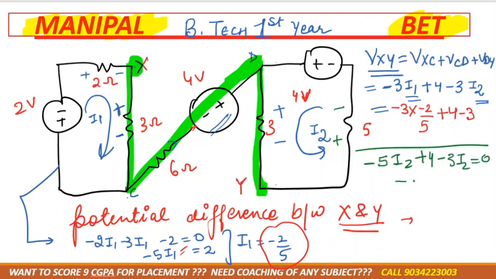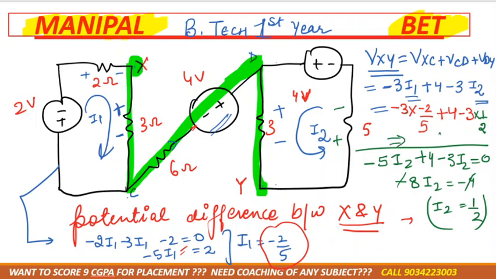So it would be minus 8I2 is equal to minus 4, minus minus cancel, and I2 will be 1 by 2. So here I2 is 1 by 2, you need to put 1 by 2 only, right? So ultimately negative will become positive: 6 by 5 plus 4 minus 3 by 2.